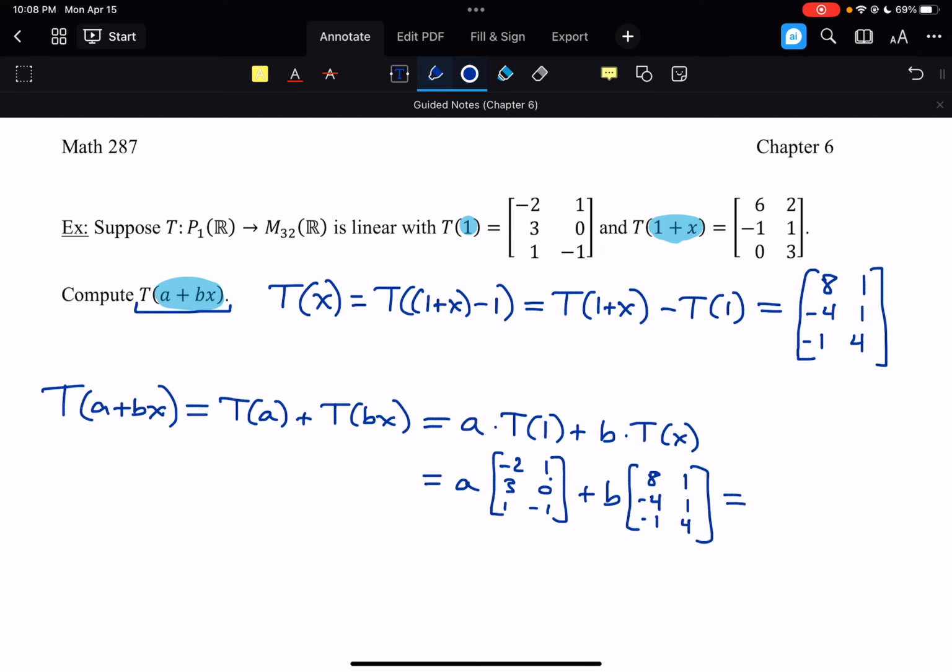And if you distribute the A and the B and combine all of their terms, we're going to get negative 2A plus 8B, A plus B, 3A minus 4B, B, A minus B, and negative A plus 4B.